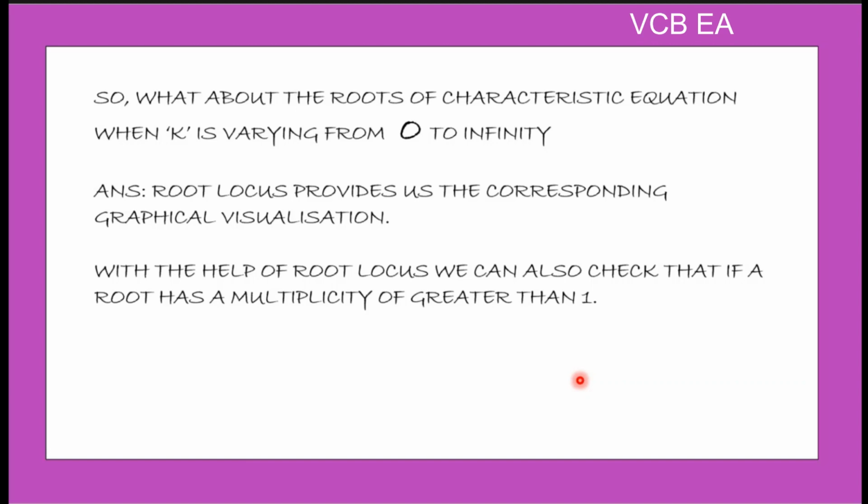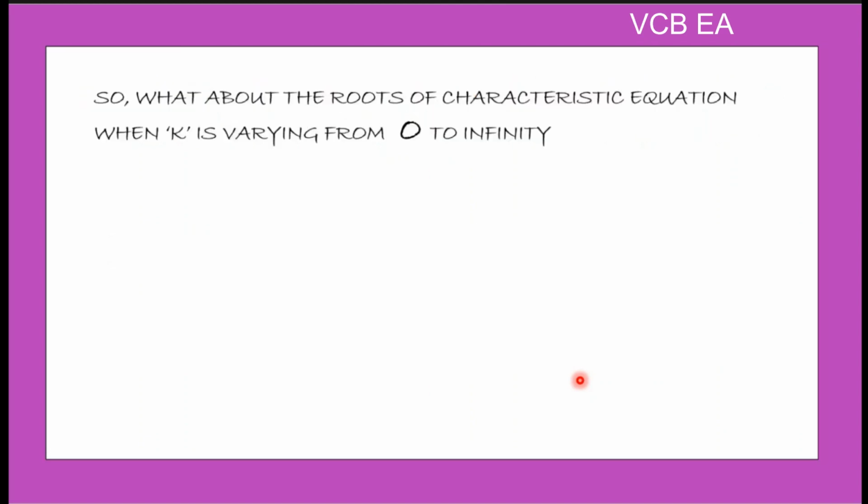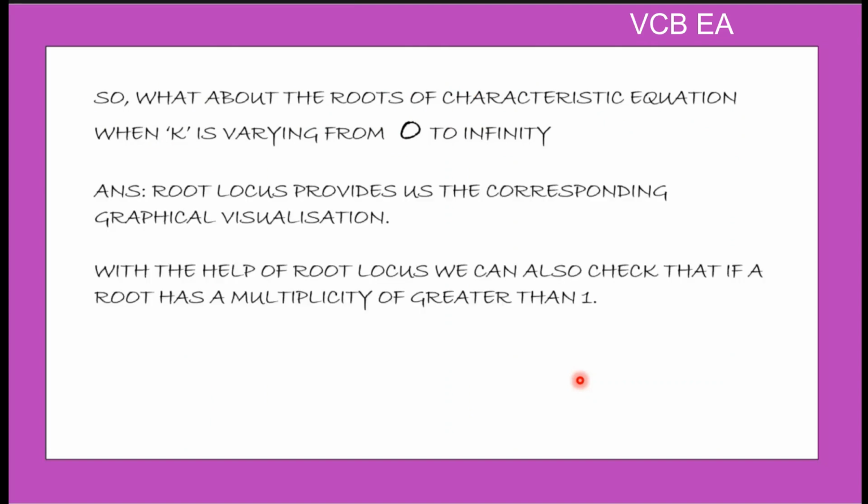As discussed earlier, the definition of root locus is the locus of the closed loop poles when a system parameter is varied. Here, as K is varying, the closed loop poles are varying with respect to the value of K. So, it is very important to study the variation of the closed loop poles when K is varying from 0 to infinity.